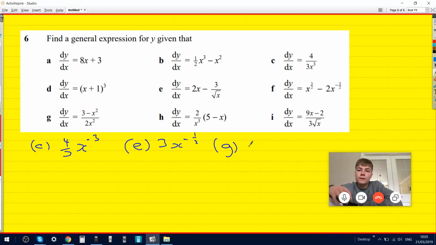Sorry, go on. Is it 3 minus x squared over 2? Because there's a plus or minus in between them on the top, you have to divide them both by that. So what would that be?